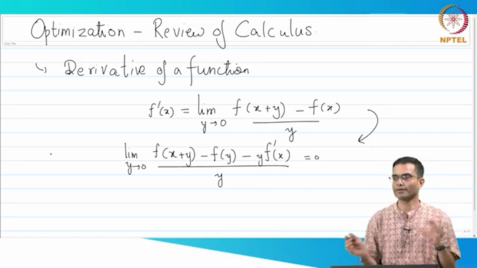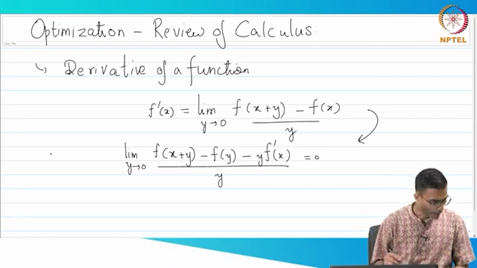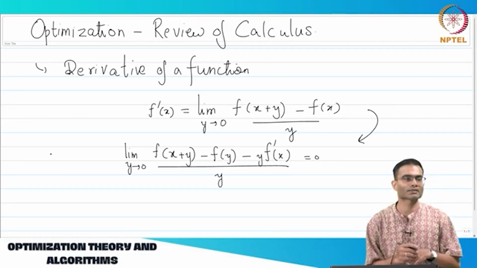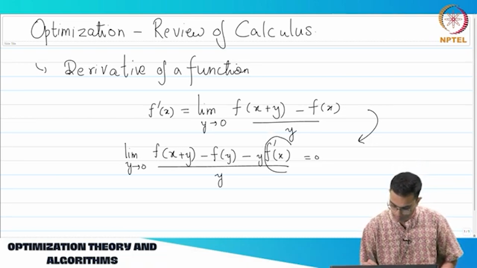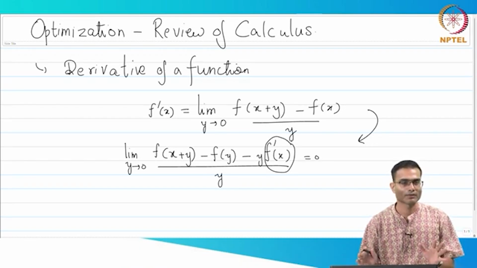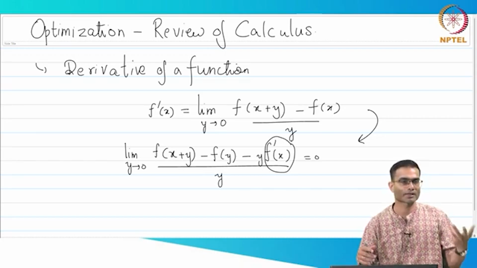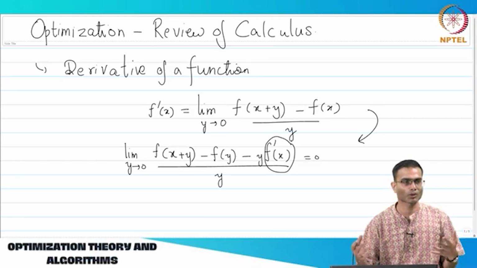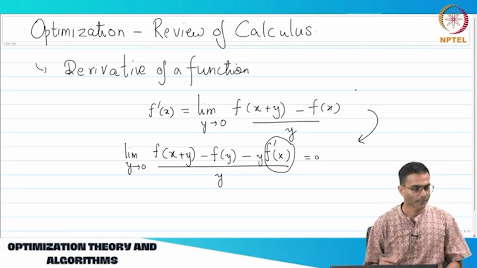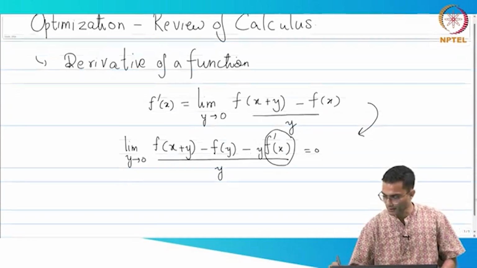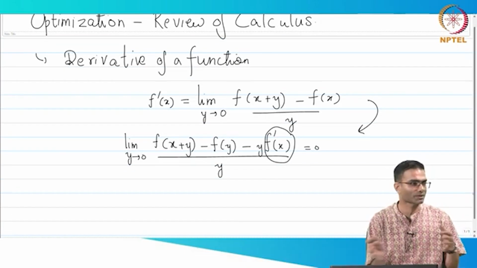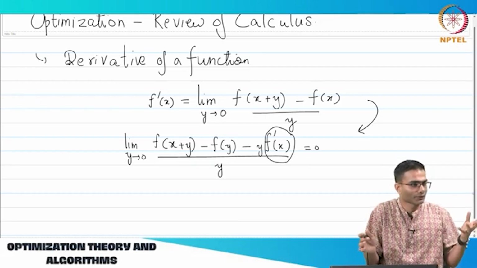I just combined it all on one side, right? And what do I say now in formal language? I'll say if there exists a quantity f dash x such that this is satisfied, we say that the function is differentiable and it has a derivative f dash x. Sounds much more complicated, but the idea is basically this: take this limit. So this is what we did in the case of high school. Any doubts about this? I just did a rearrangement. I brought stuff on one side. That's all I did. Okay.